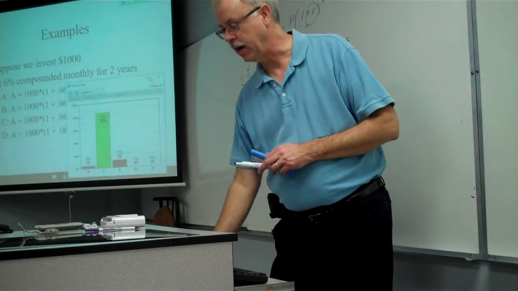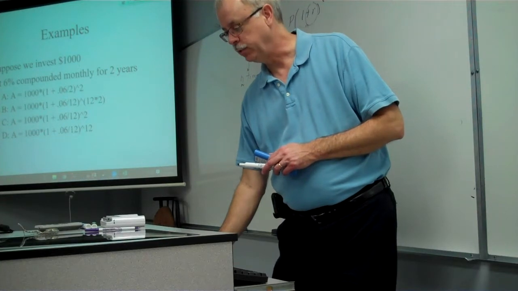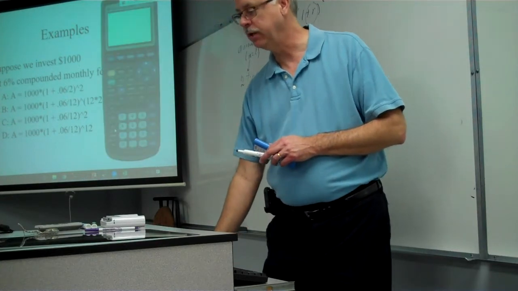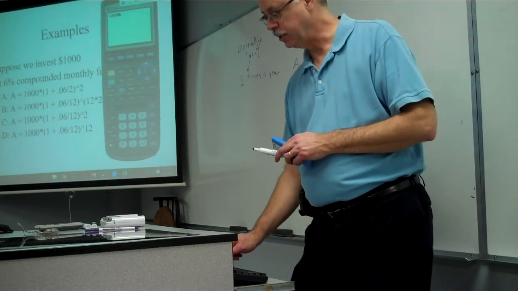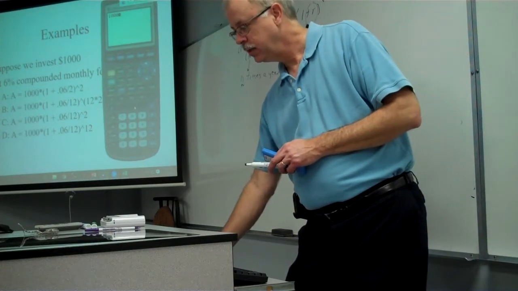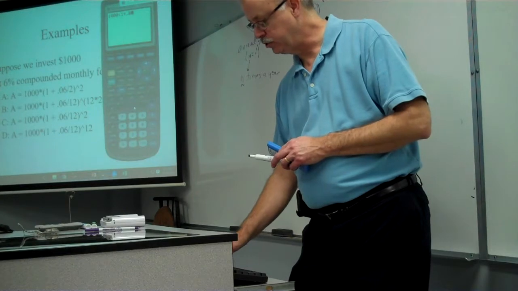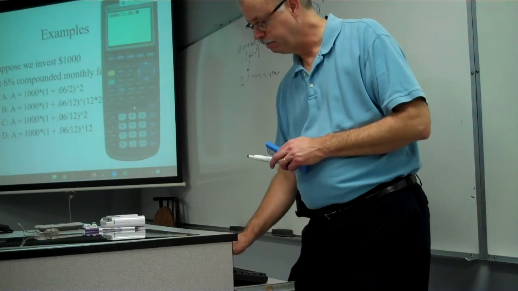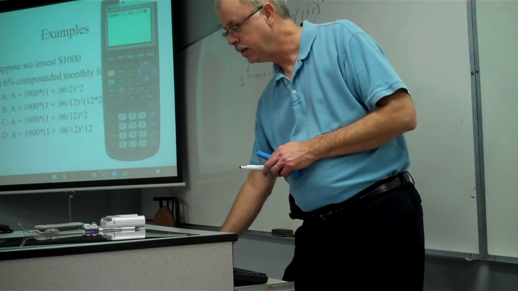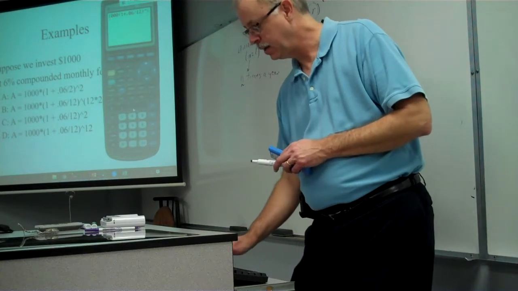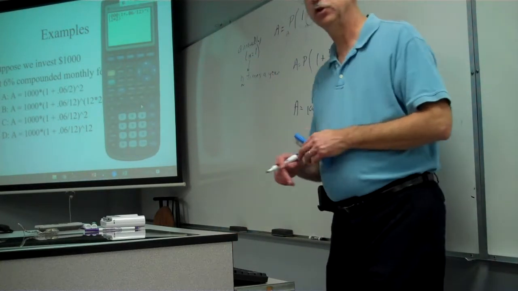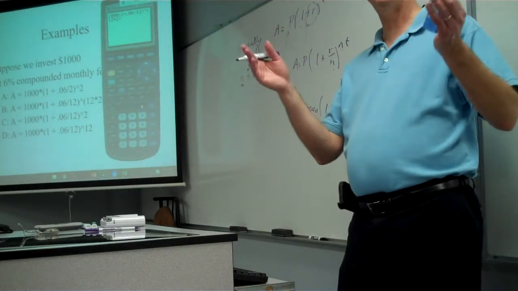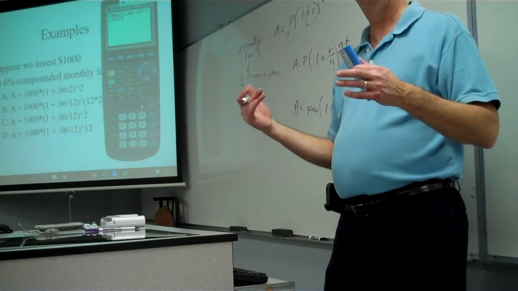We can plug this into our calculator and come up with our result. We do have to watch how we put it into the calculator. 1,000 times 1 plus 0.06 divided by 12. If you don't put parentheses around the exponent, it will do to the 12th power first, figure that all out, and multiply that result by 2.